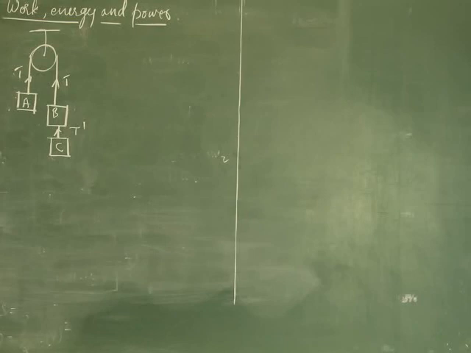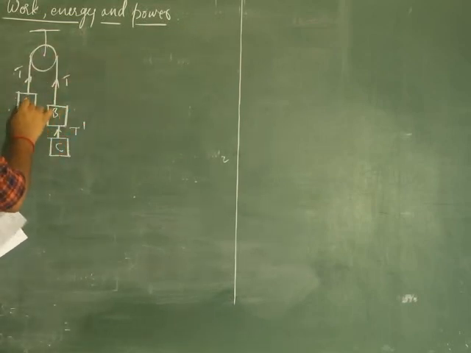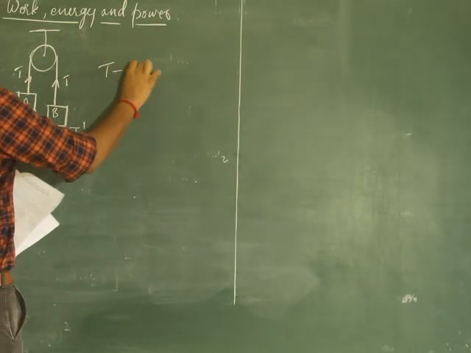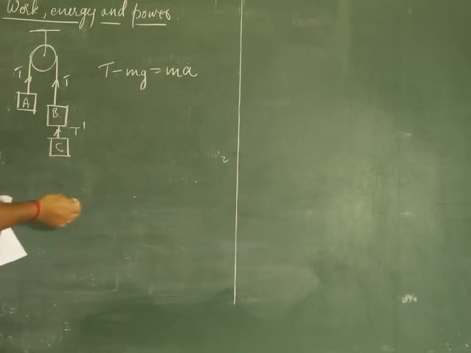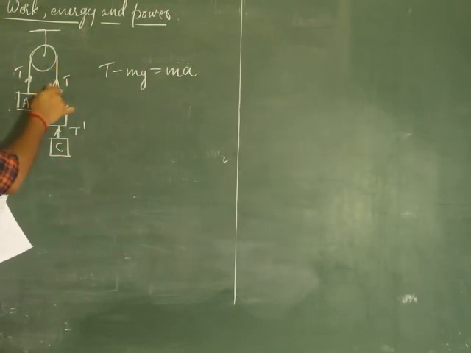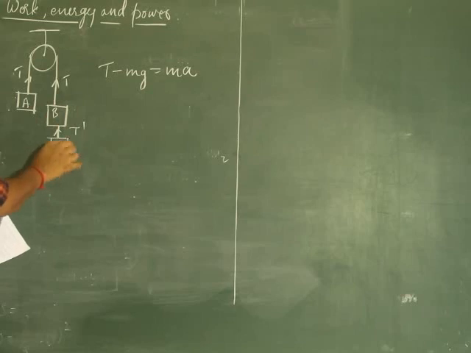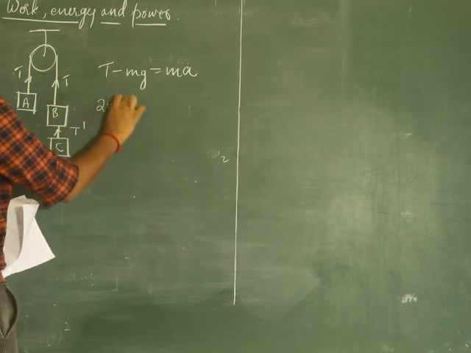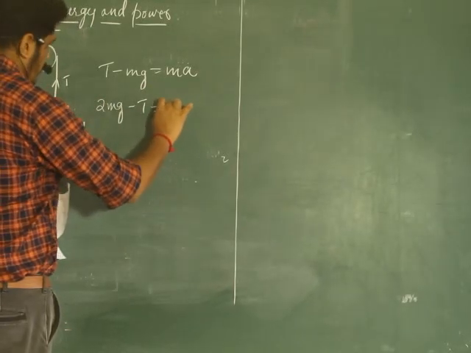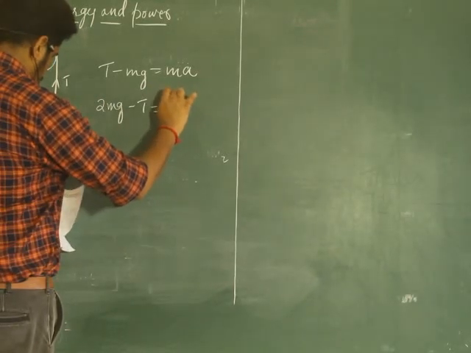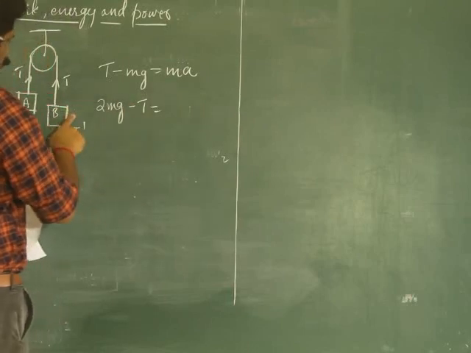So first what I do is, I will just go for the basic, that is by framing the equations. So what is the equation? In this case, I will just write down here. T minus mg equal to m into A. In this case, how many masses are there? Just I am going for this T, okay, that is why. It looks like what? B is attached to C. So it is like what? 2 mg minus T equal to, look at there.